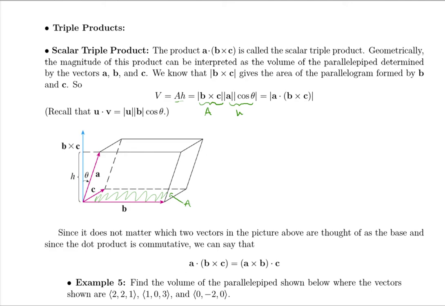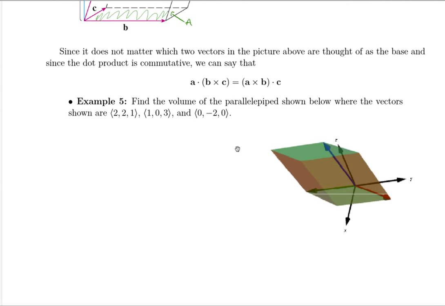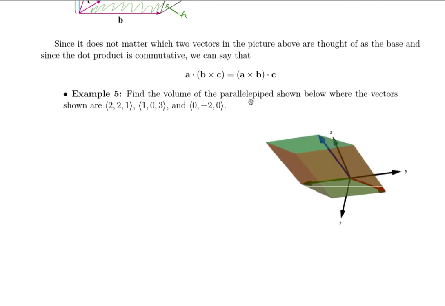So let's look down here at example 5. So the claim is we can come up with the volume of this parallelepiped that you see right here. And the nice thing is it doesn't really matter which vectors you pick for which role.